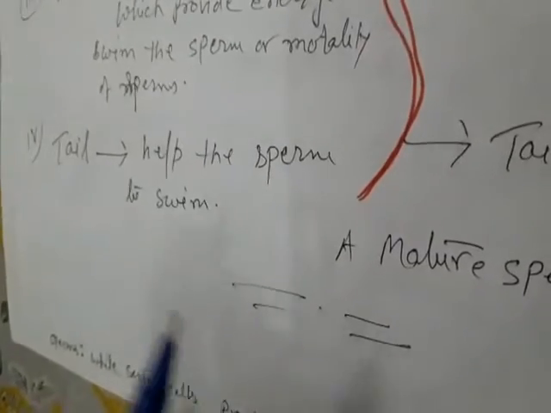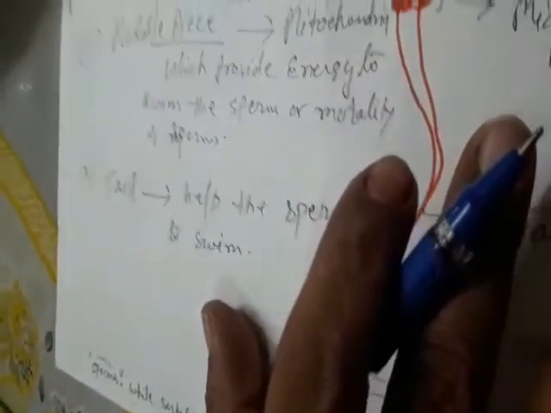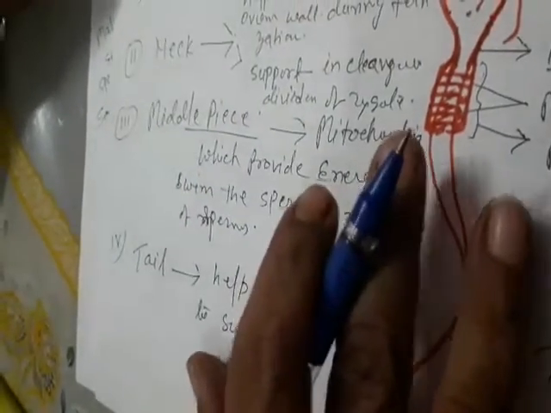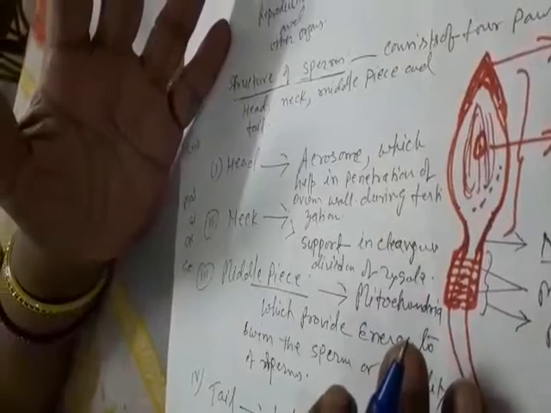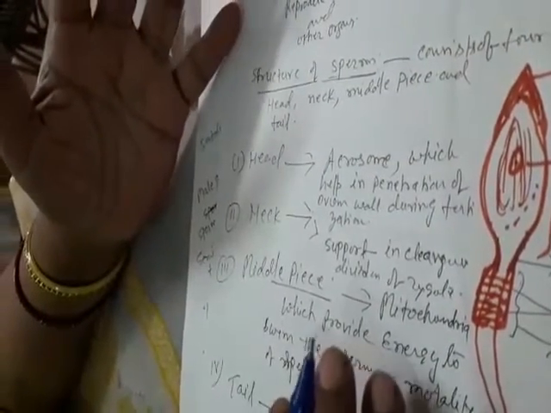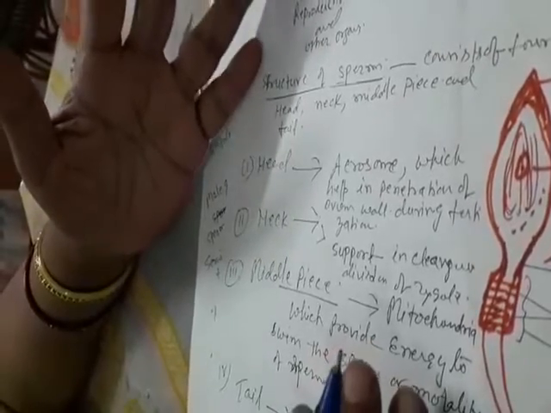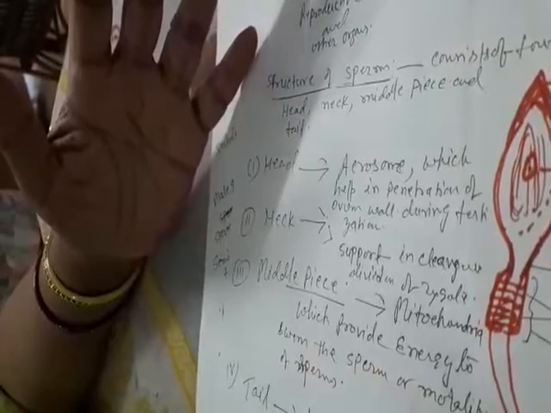So the complete male reproductive system has many organs. First, the chief organs, the testes, then accessory organs with accessory glands, also spermatogenesis and hormonal control, including the structure of a mature sperm.